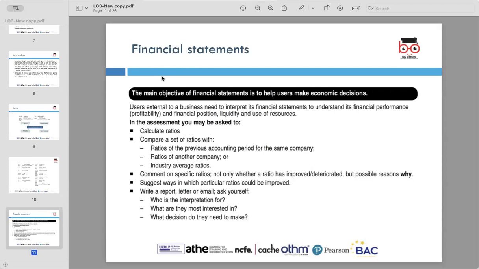The primary purpose of financial statements is to provide useful information to help users make economic decisions. This involves evaluating the company's profitability, liquidity, and overall financial health. Users external to the business, such as investors, creditors, and regulators, rely on these statements to assess the company's financial performance and position.